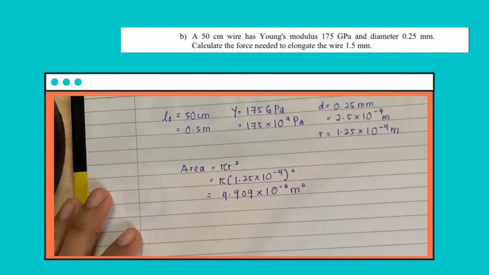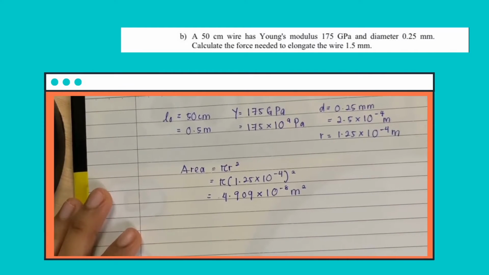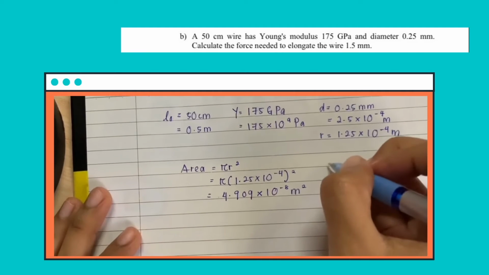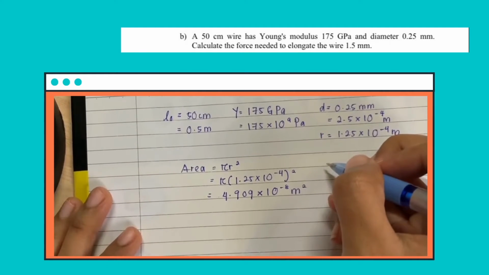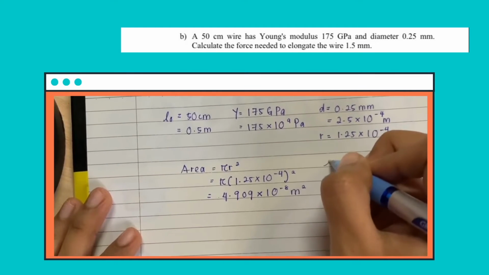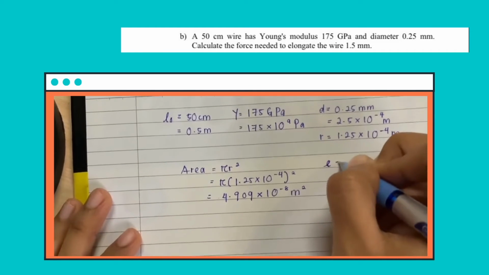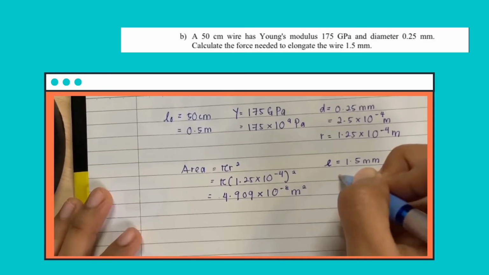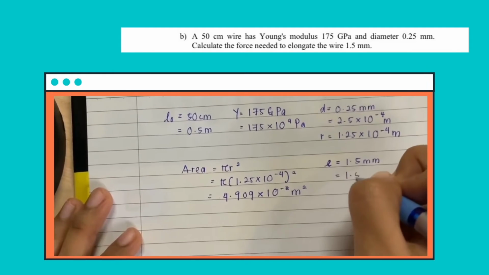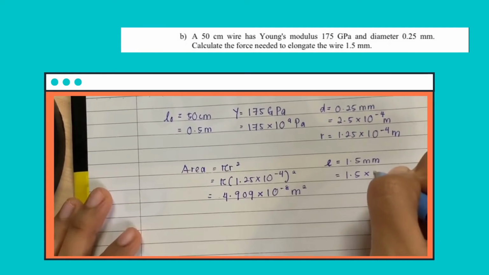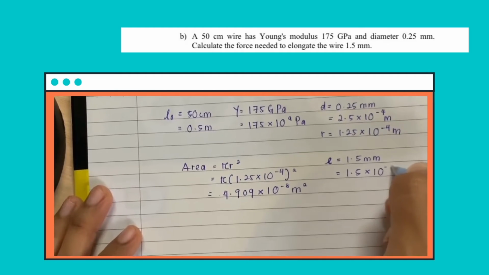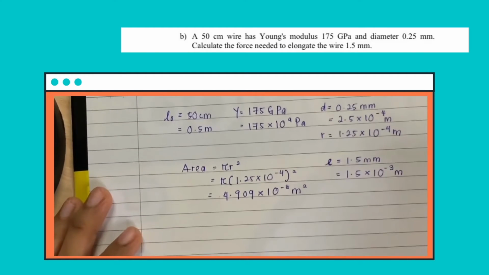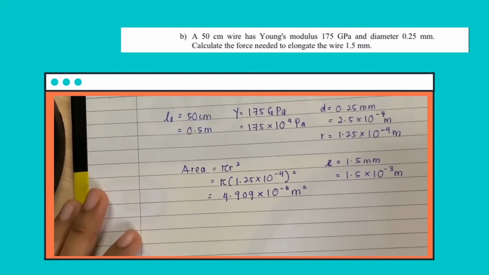And then dia bagi tahu the force needed to elongate the wire 1.5 mm. So maksudnya extension dia, E dia adalah 1.5 mm. So kepada meter akan dapat 1.5 times 10 kuasa negatif 3 meter. Okay, so semua information dah ada.